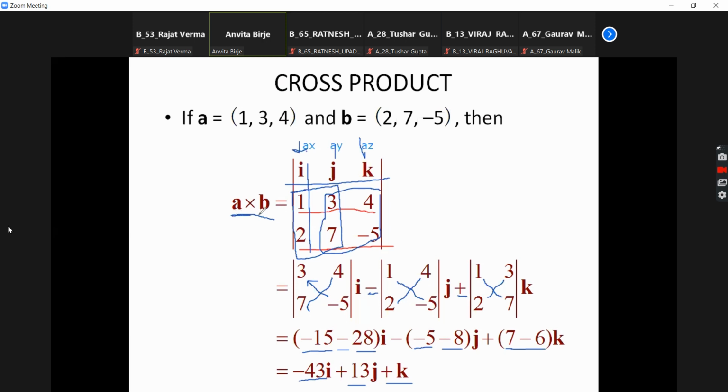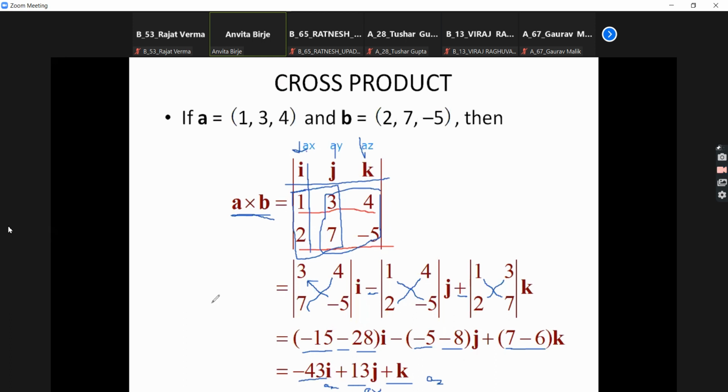So A bar cross B bar has resulted in another vector, which again has A bar x, A bar y, and A bar z components. Instead of i, j, k, you will be using A bar x, A bar y, and A bar z.